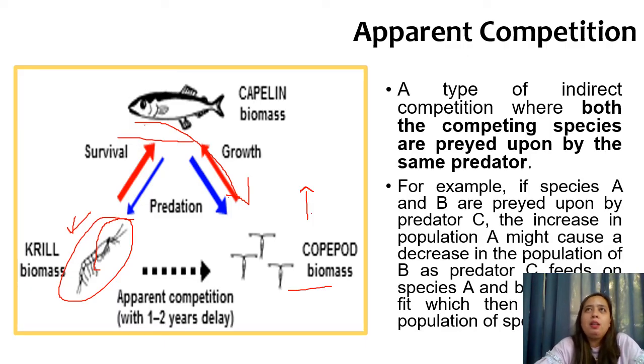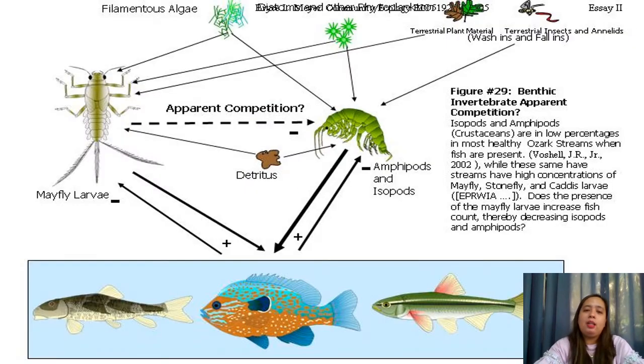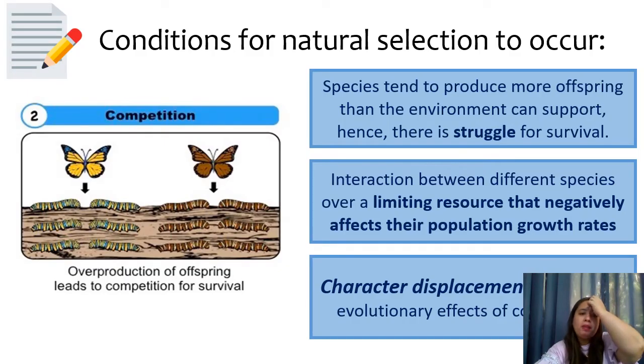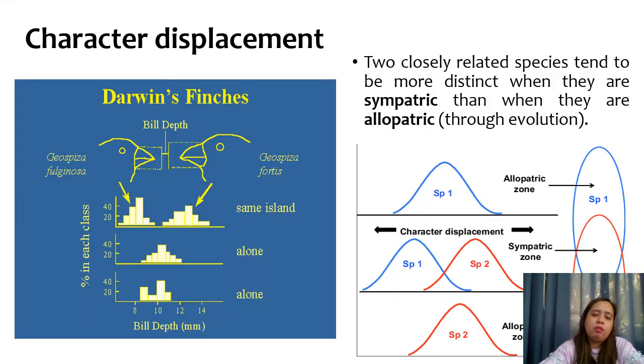No, hindi naman, ito sila yung mga surviving. So, sila yung kung baka kung ano meron gene sa kanila, yun na yung may papass from generation to the next generation. Okay. Now, again, for competition, it's a struggle for survival, limiting resource, negatively affects the population growth rates.